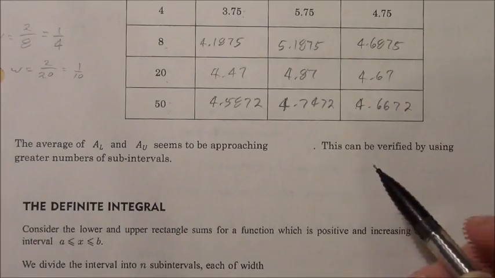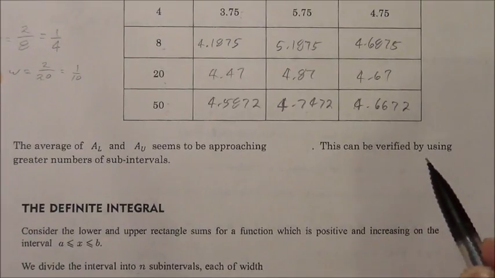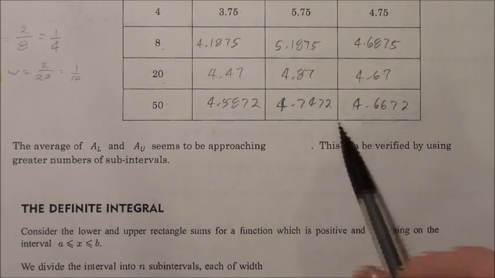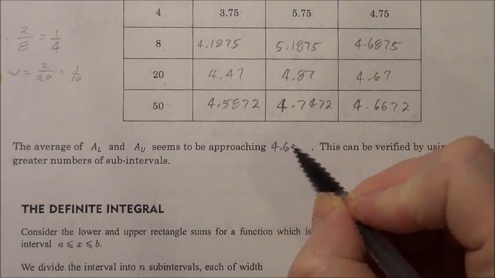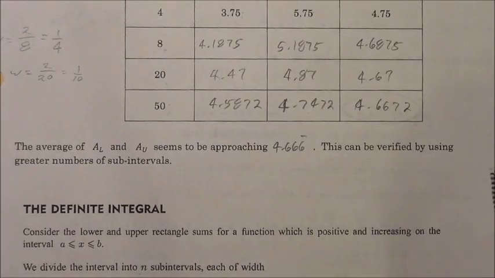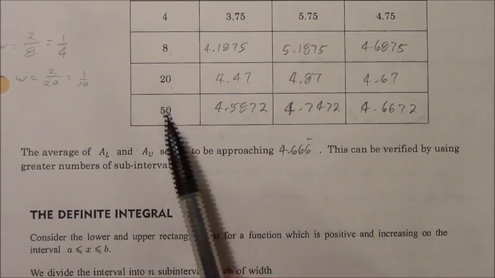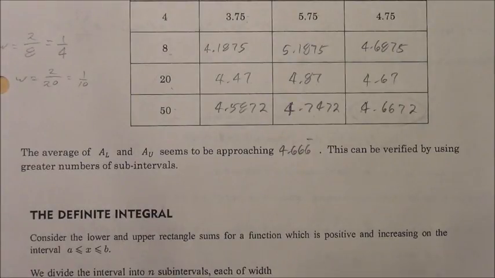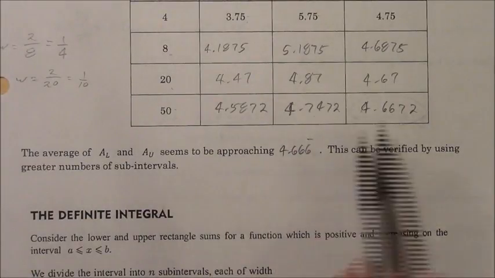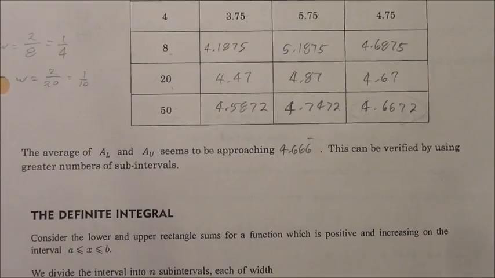They tend to be converging to a value, and here's the average, 4.6672. It seems they're approaching 4.66, and if we use more strips, we would be able to verify that. That finishes off the example we had started before.